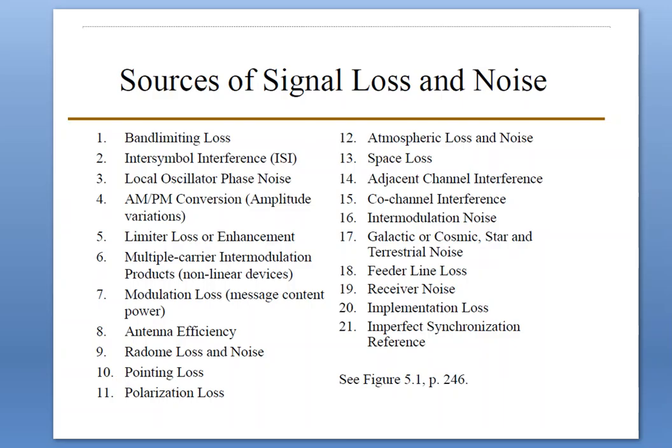Starting from the first one: band limiting loss, intersymbol interference, local oscillator phase noise, AM to PM conversion, limiter loss and enhancement, multiple carrier intermodulation products, modulation loss, antenna efficiency, radome loss and noise, pointing loss, polarization loss, atmospheric loss and noise, space loss, adjacent channel interference, co-channel interference, intermodulation noise, galactic noise, feeder line noise, receiver noise, implementation noise and imperfect synchronization reference noise.